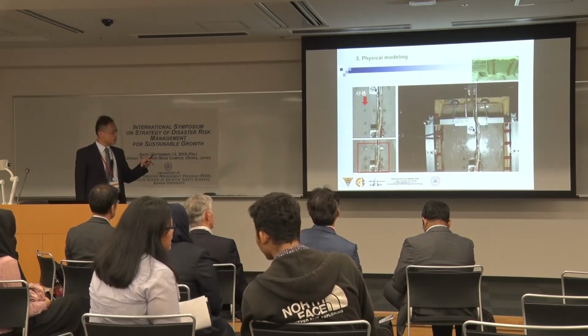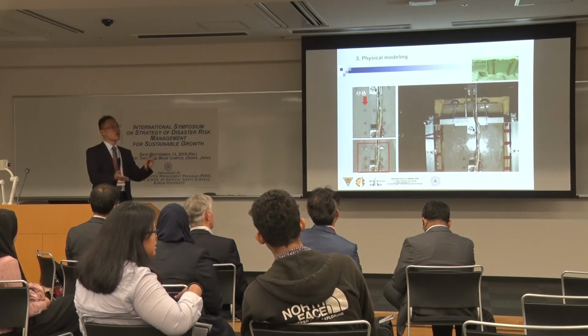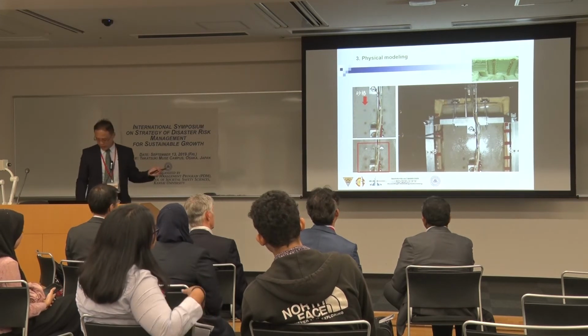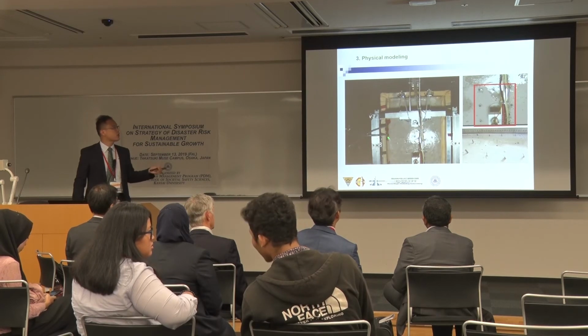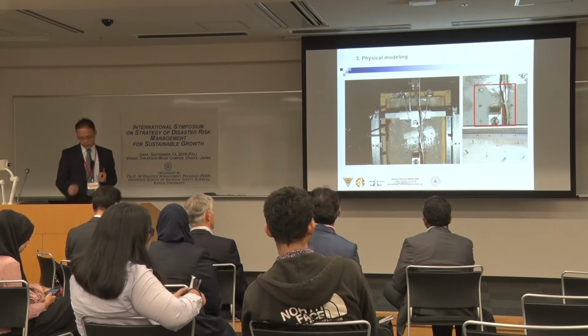It can also be used to study how to reduce settlement or lateral spreading. We can put in some sand piles, or some belt. During liquefaction, you can see all the excess water pressure moving upward to the ground surface.